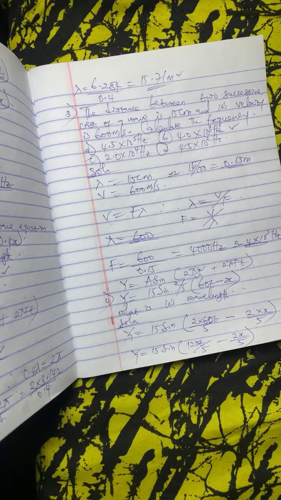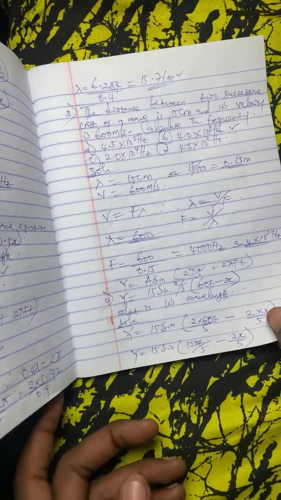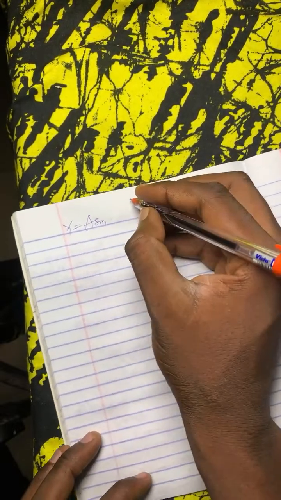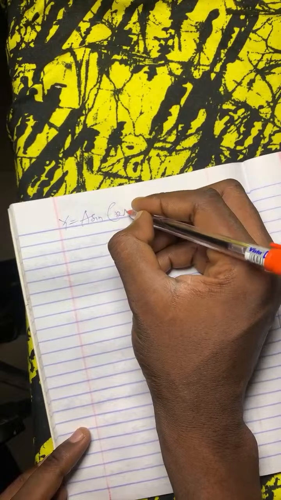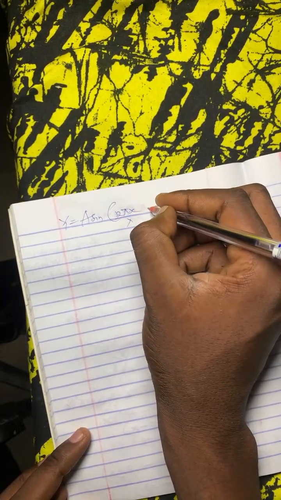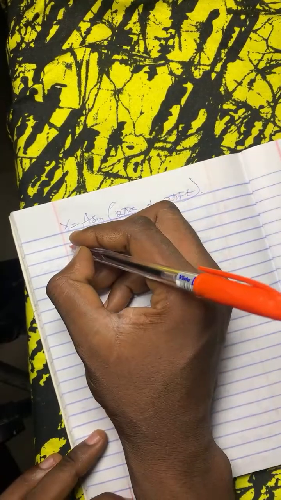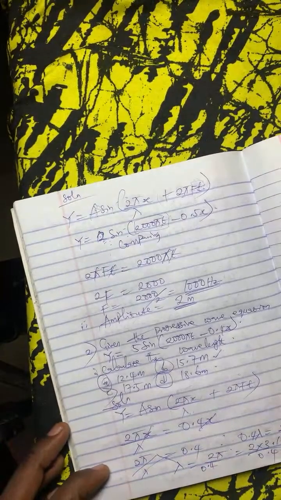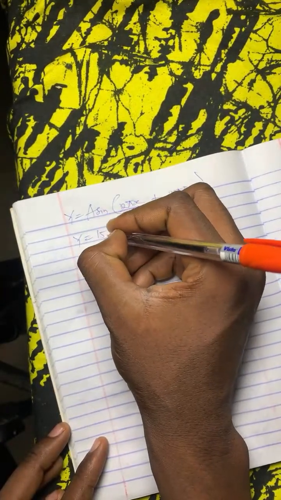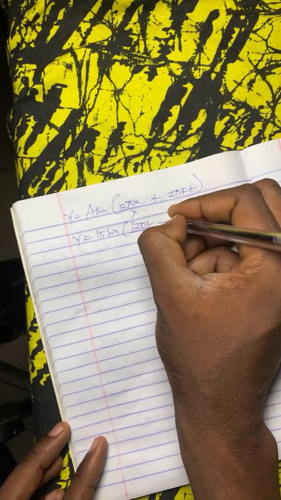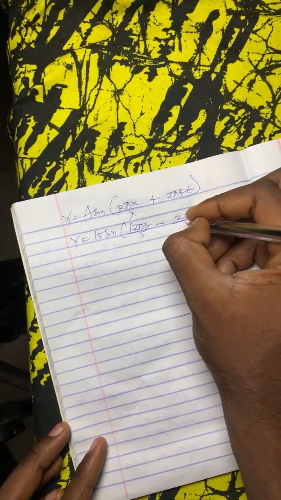What did they ask me to find? Wavelength. What is wavelength? Lambda. So my wave equation is y is equal to a sine, open bracket, 2 pi x over lambda plus or minus 2 pi ft, close the bracket. Meanwhile, the equation I have is y is equal to 15 sine, open bracket, 120t over 5 minus 2x over 5.